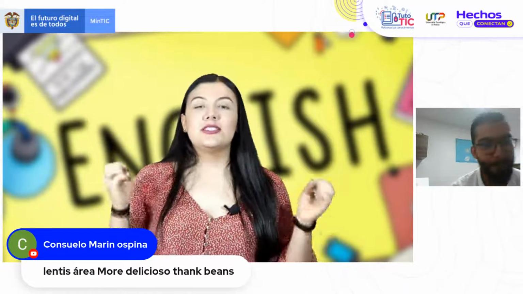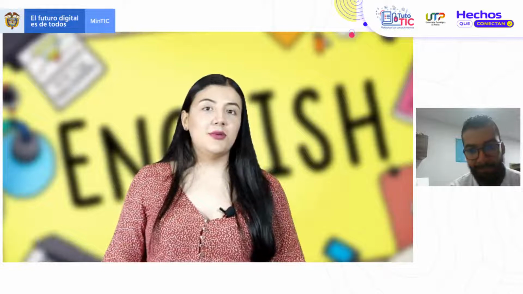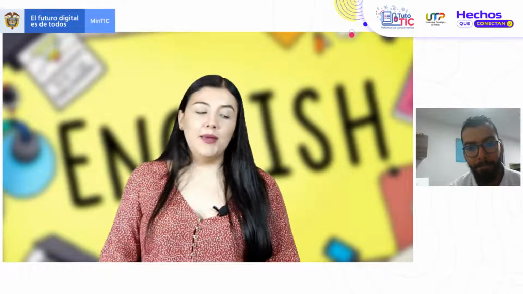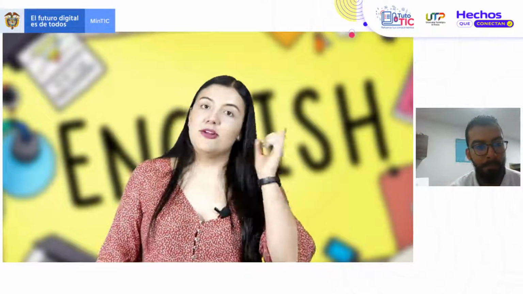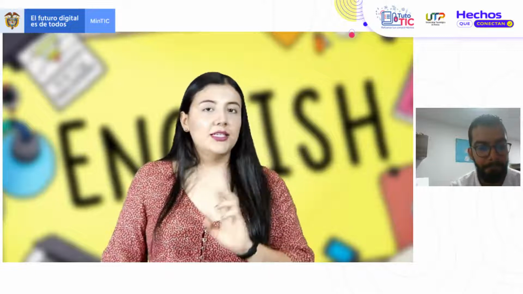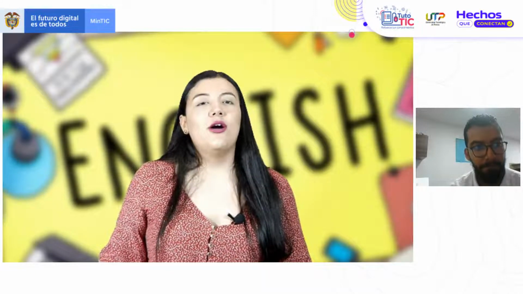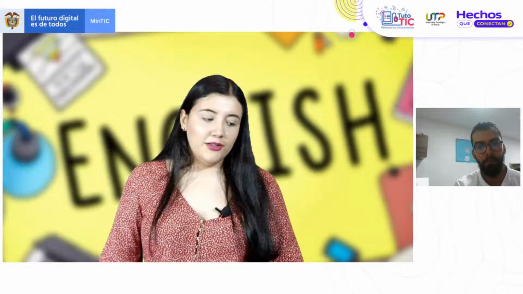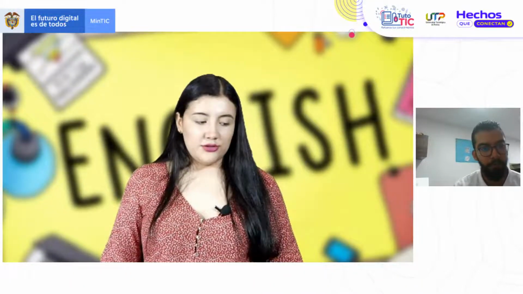¿Cómo sería entonces la oración correcta? I'm gonna help you, Anna. So listen to me. So we would say, beans. Primero recuerdo que son plural porque son beans, termina en S. Entonces no diríamos es, sino are, right? Beans are more delicious, ¿sí?